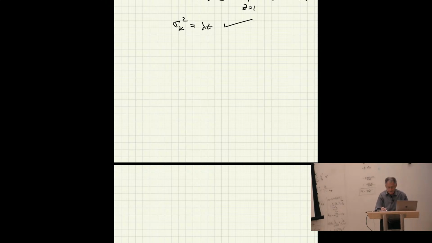In other words, here's an interval from 0 to t, and you throw k arrivals in here from a Poisson process, and they're going to hit certain places.